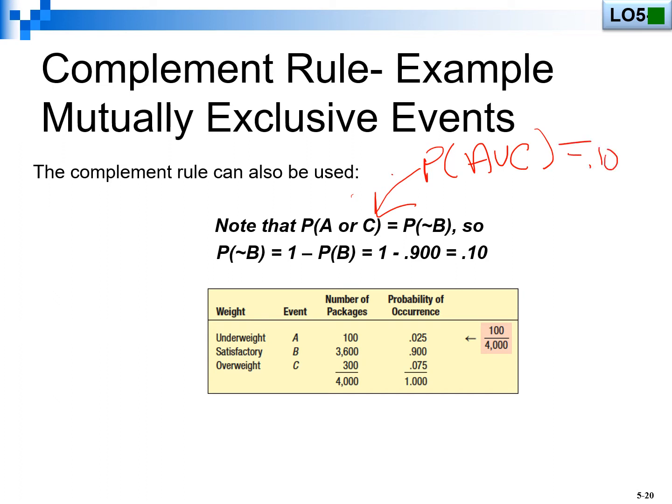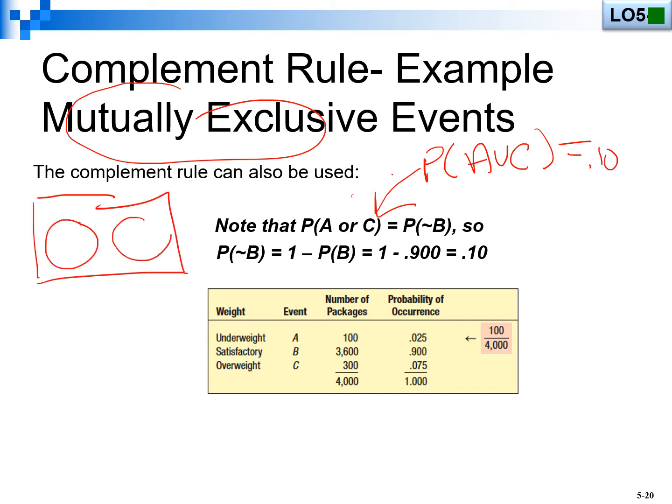If we know that two events are defined as mutually exclusive, which means there's no intersection, they don't share any sample points in common, let me give you a visual here. If I were to draw the Venn diagram, event A and event C would not be touching. To get the complement, all you'd have to do is take 1 minus 0.10 to get 0.90, because notice there's no overlapping.